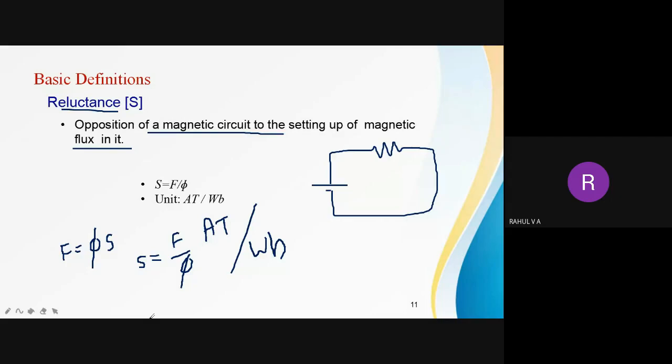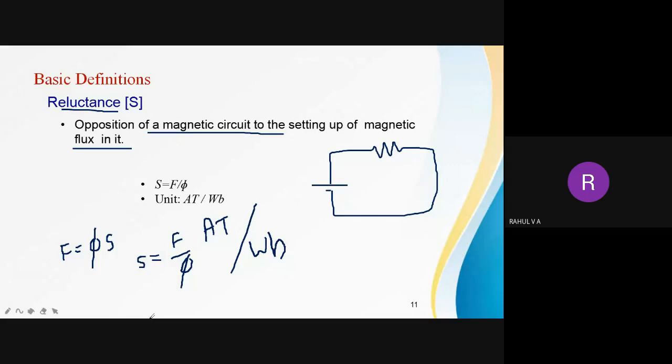Then we have learned what is flux. It is the number of magnetic lines of force passing through a closed surface. It is called flux. And now we have learned what is reluctance. It is the opposition of a magnetic circuit to the setting up of magnetic flux in it. That is reluctance.